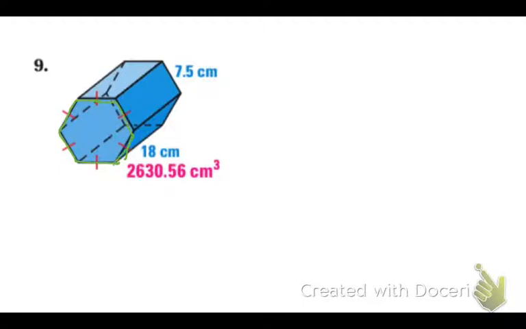Okay, so imagine if you set the base on a table, long ways up. And then here's my pentagon going back, and then I'm going to go up. I'm not really good at drawing this on the computer.